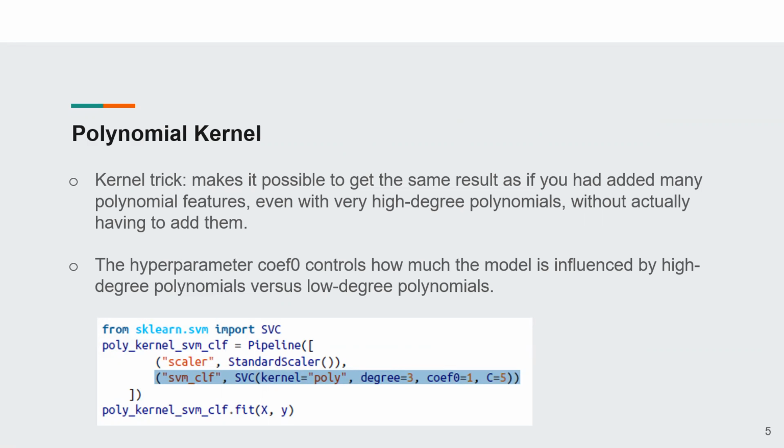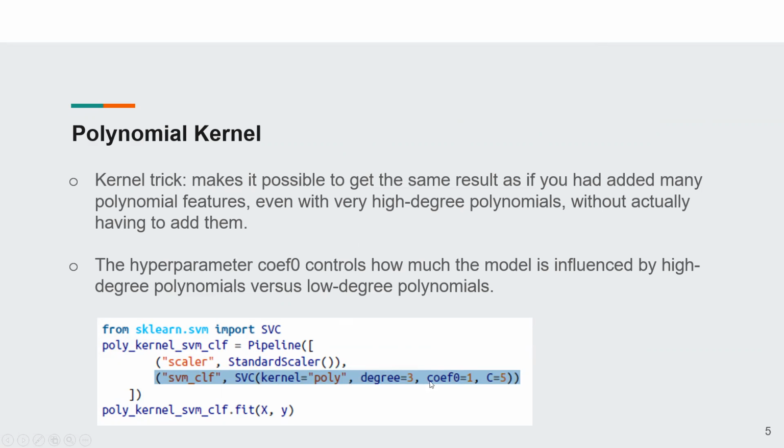Right, if you look at the way that you achieve this, you just need to set kernel equal to poly. In this case, there are a couple of parameters. One of them is called degree, the polynomial degree that you need to pay attention to.